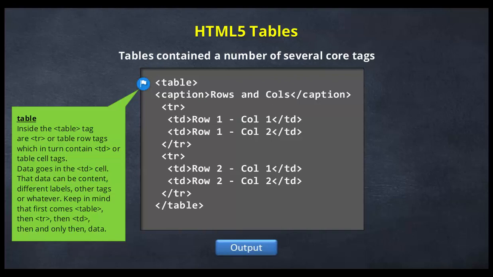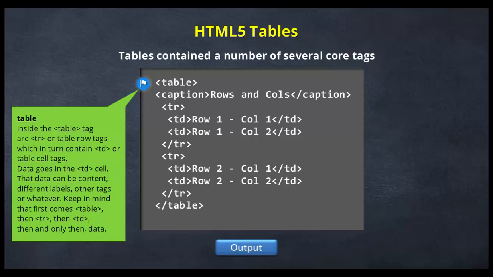Data goes in the TD cell. That data can be content, different labels, other tags, or whatever. Keep in mind that first comes table, then TR, then TD, then and only then data.